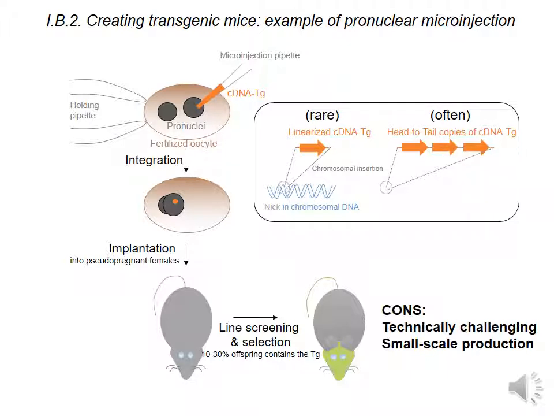We will use a microinjection pipette and inject the transgene into one of the nuclei. We use a linearized cDNA transgene, and what we want is that this linearized construct gets inserted in the genome by using nicks or breaks that occur naturally in the genome.